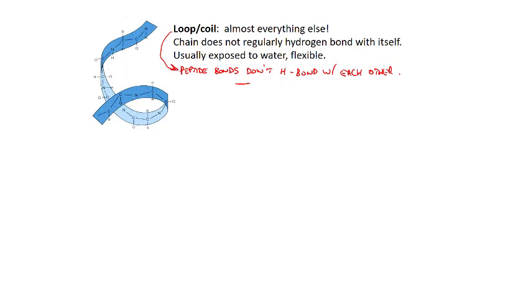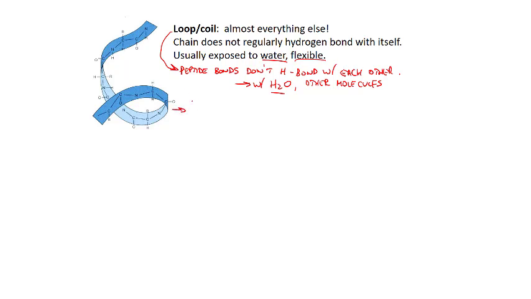Instead, they tend to hydrogen bond either with the surrounding water or occasionally with other molecules, side chains, ions, something else. So more often than not, loops or coils are exposed to water. They also tend to be flexible. And why is that? Well, the reason is because you don't have peptide bonds hydrogen bonded to other peptide bonds. You really have nothing that's really tying this loop in place.